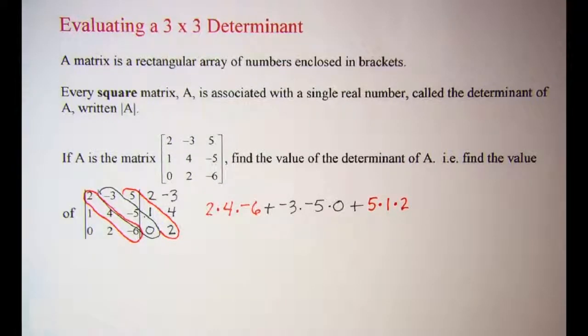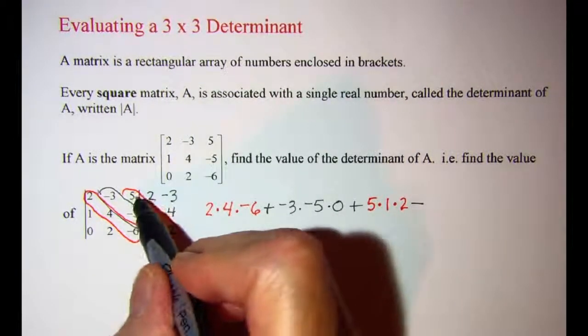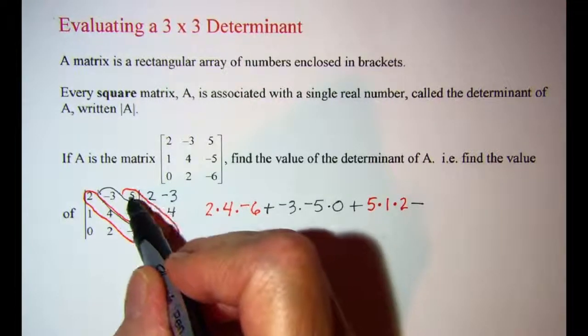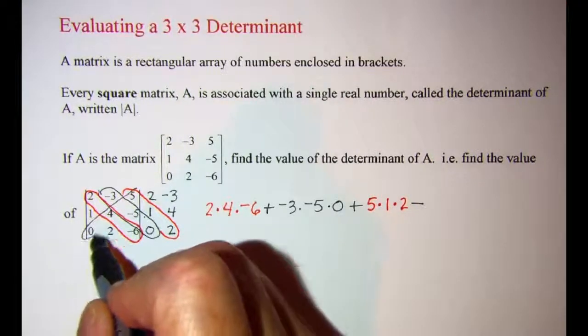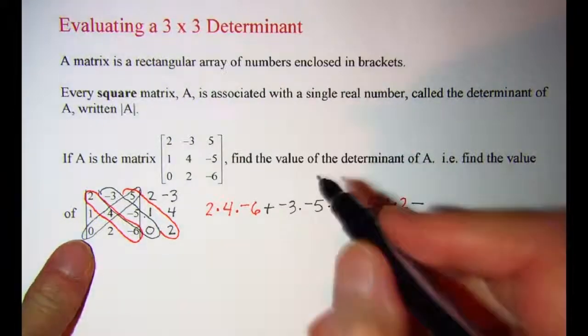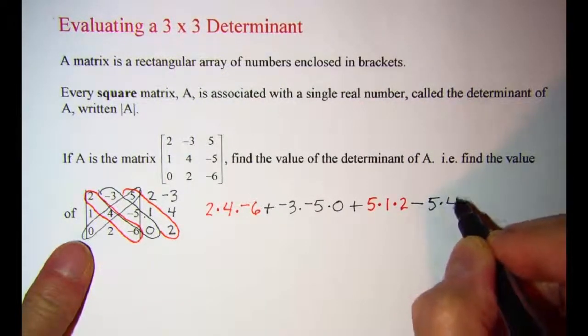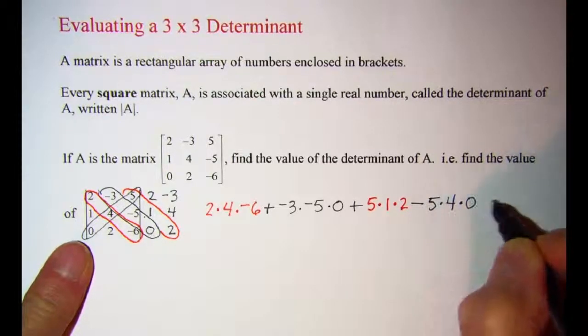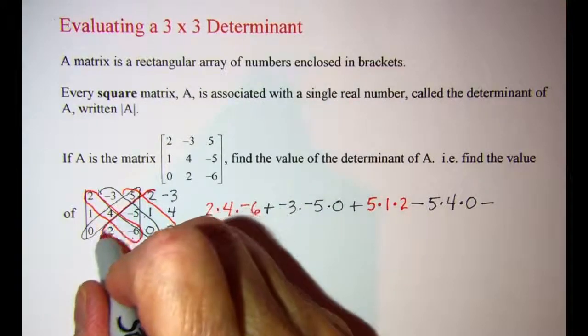Then I have to subtract my diagonals in the other direction. So I'm going to subtract, starting in this upper right hand corner, the product of the numbers in that diagonal. So subtract 5 times 4 times 0, subtract the product of the numbers in this diagonal.